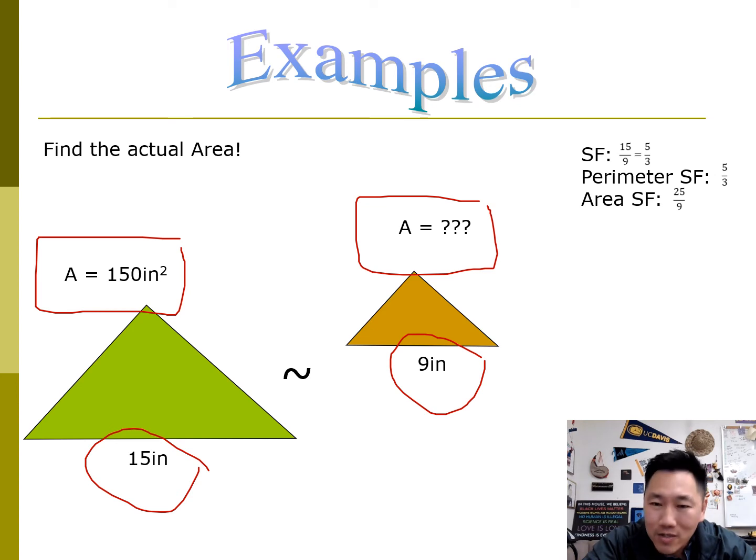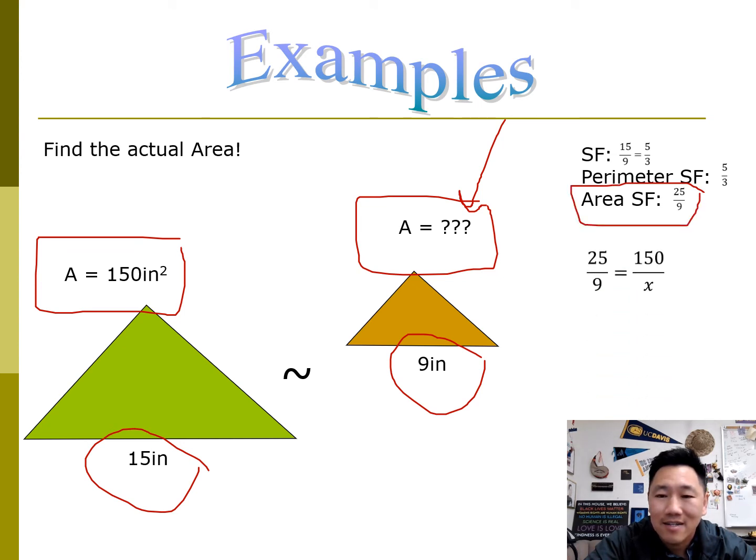Which one of those scale factors do you think you're going to have to use to find this area? Obviously, the area scale factor. There's the setup. There's the area scale factor, and then this is what we're trying to look for. Now, the important part here is to be consistent.